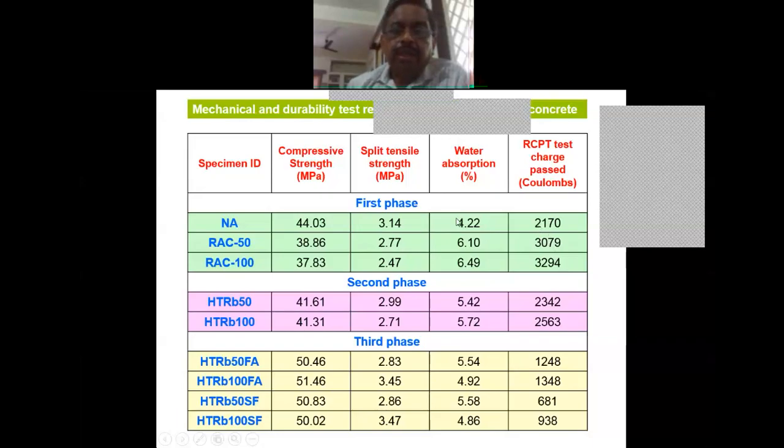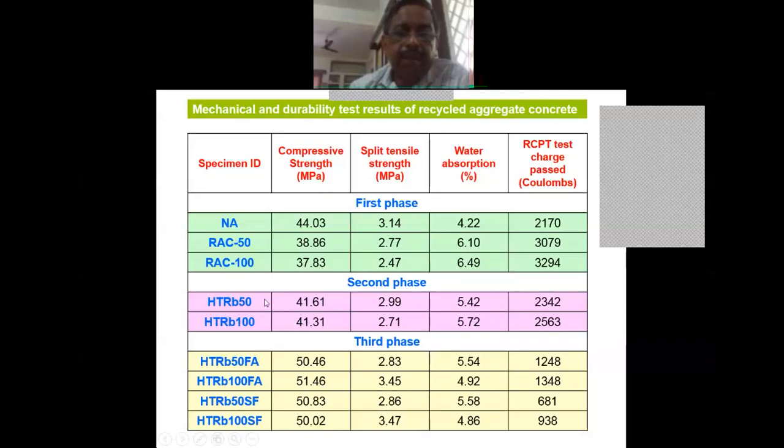This is the water absorption of the concrete, so don't confuse it with the aggregate water absorption. Aggregate water absorption will be 0.5 to 0.7, but concrete will have 2.5 to 4 percent absorption depending on its strength, porosity and other things. But still it has higher values.